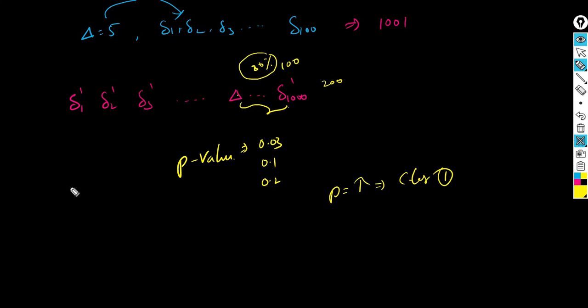For example, if the p-value for delta equal to 5 is 0.8 like this, it tells it is more evidence for the null hypothesis. That means we accept the null hypothesis.